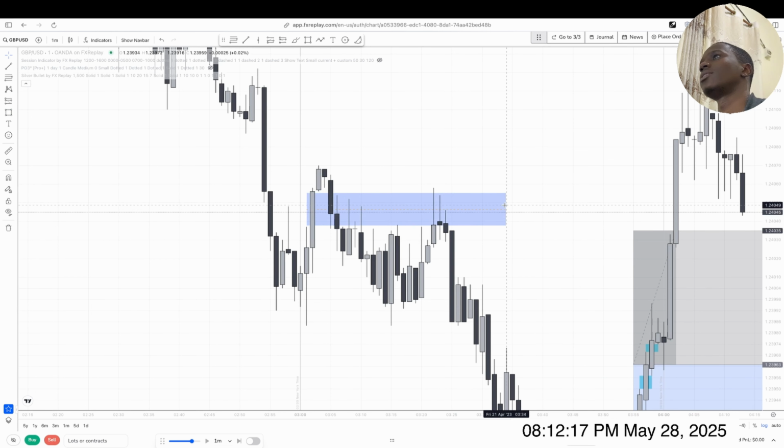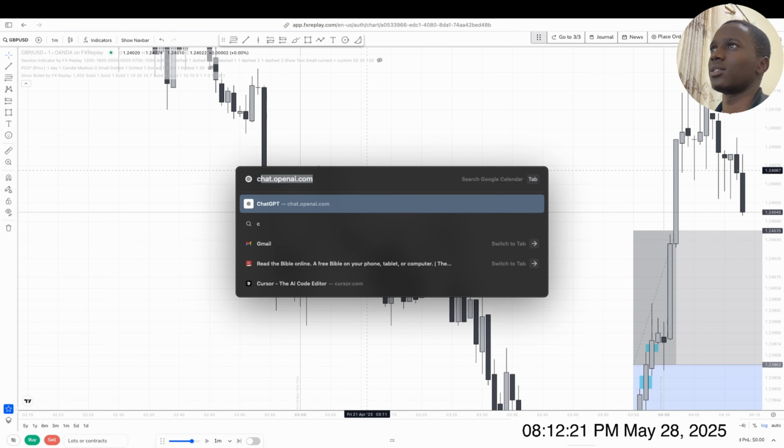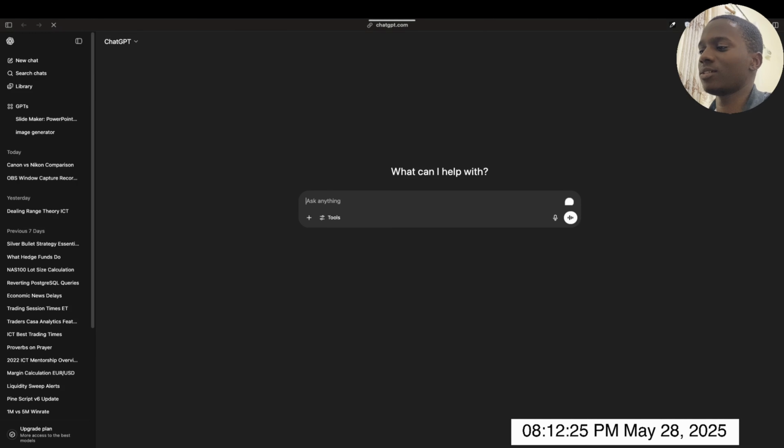Come on. But I would need to ask GPT, can you enter off of an inverse fair value gap in the silver bullet? Enter on a retracement of an inverse fair value gap in the silver bullet.